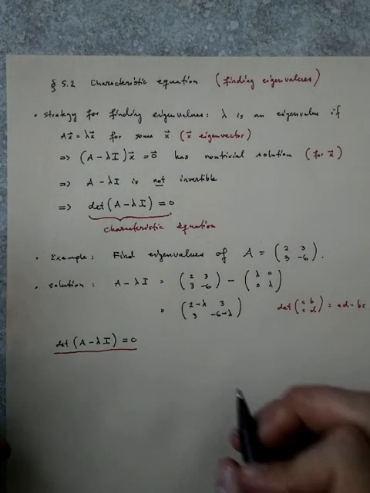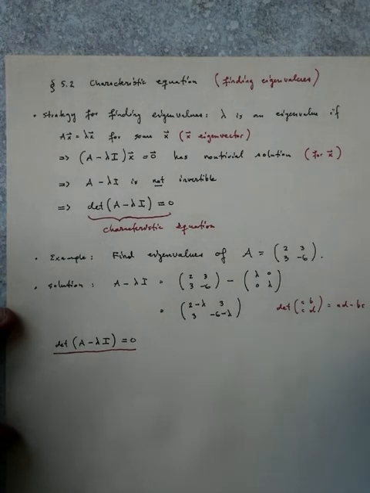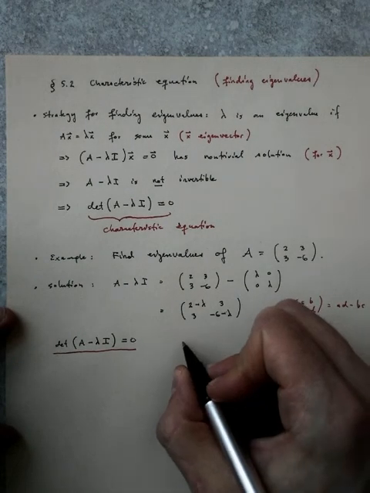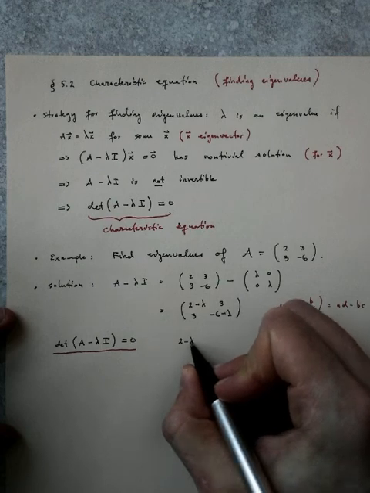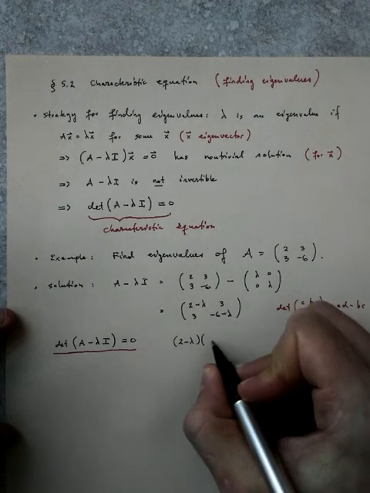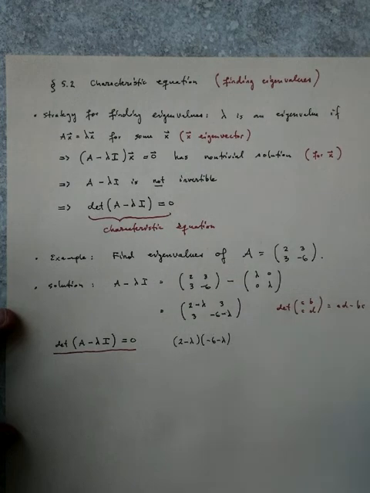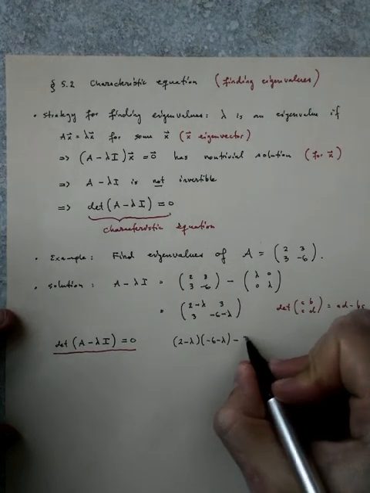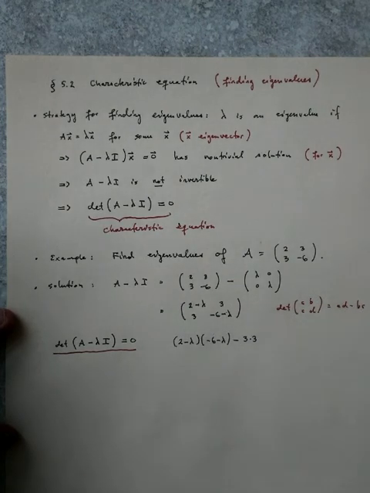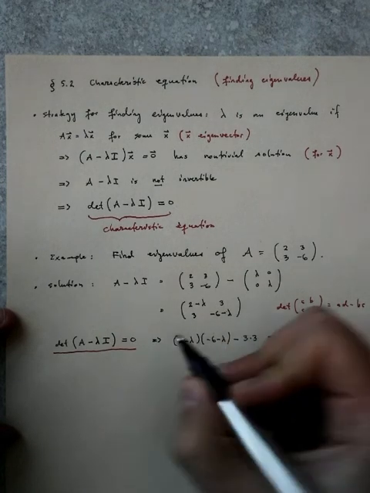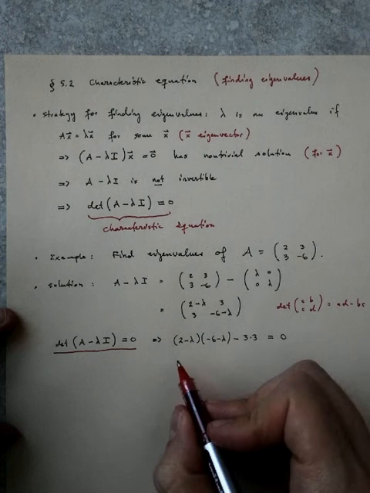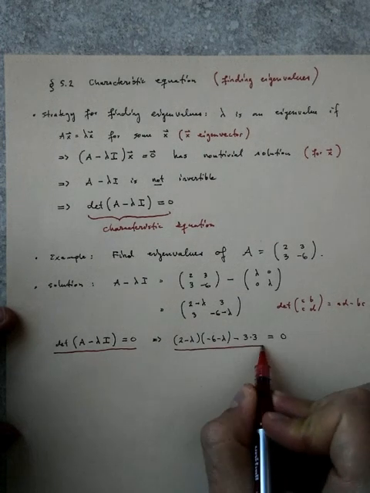So that's what I'm going to use here. So this is going to be 2 minus lambda times negative 6 minus lambda minus 3 times 3 is equal to 0. So that is the characteristic equation.